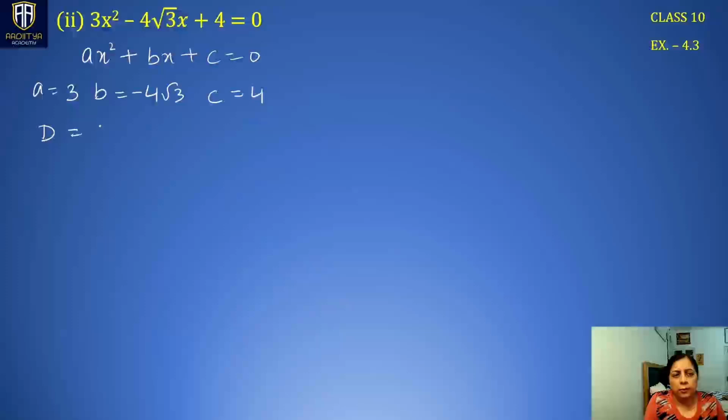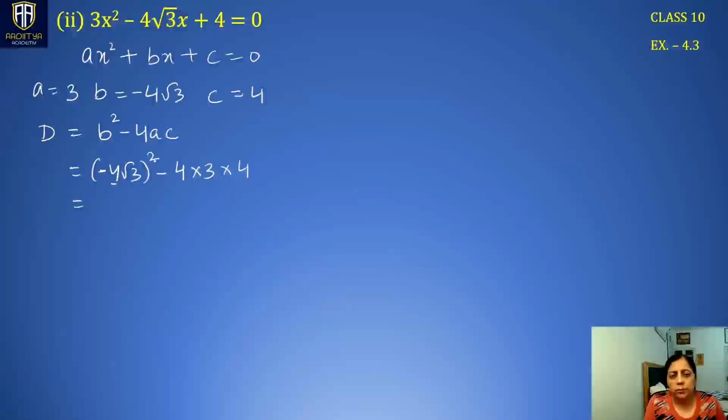Now we are calculating D, which is b square minus 4ac. b square is negative 4 root 3 whole square, minus 4 times a, where a is 3, and c is 4. Now you have to take the square of 4 root 3.